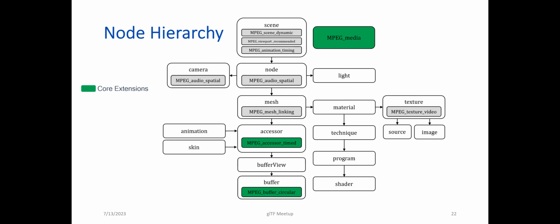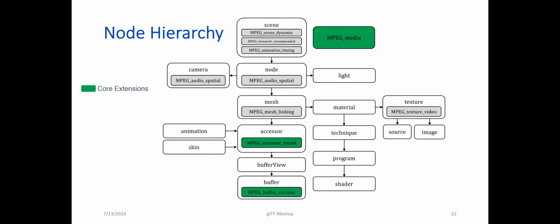It all starts with the three extensions in green there. You have MPEG media, which lists the access to the externally referenced media. You have an extension to the accessor to tell the parser or the presentation engine that this accessor will give you access not to a static buffer, but to a dynamic buffer, of which sometimes even the metadata might change.